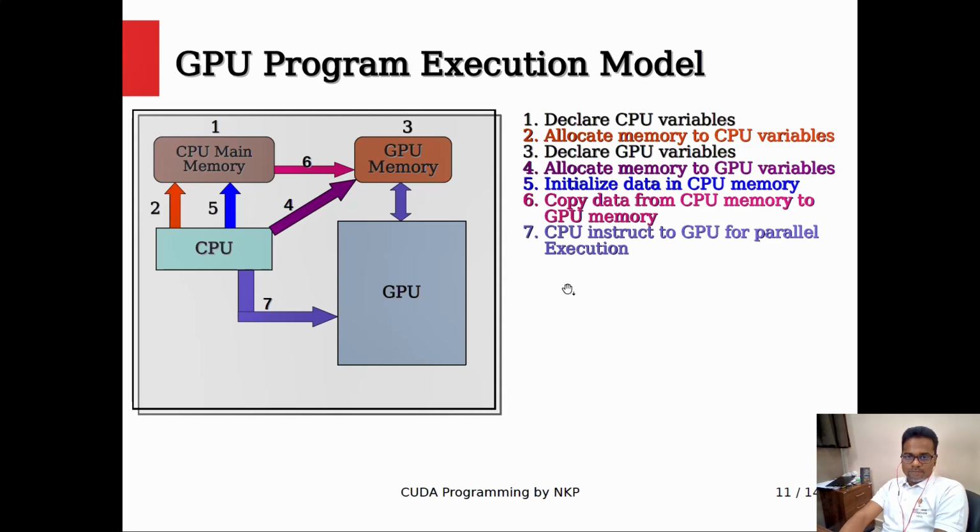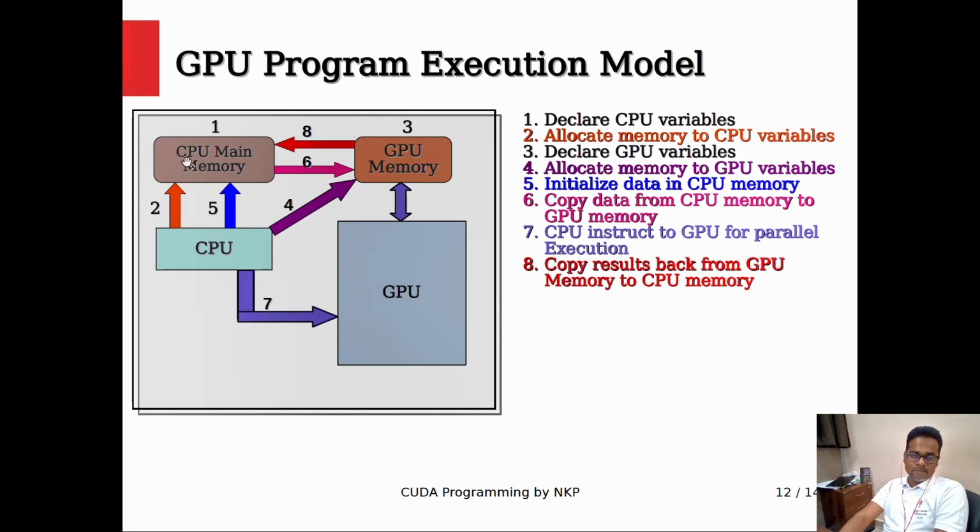After the parallel execution on the GPU side, we get the results, and those results are still available in the GPU memory. Now we have to copy those results back from the GPU memory to the CPU memory, and that is our step number 8.